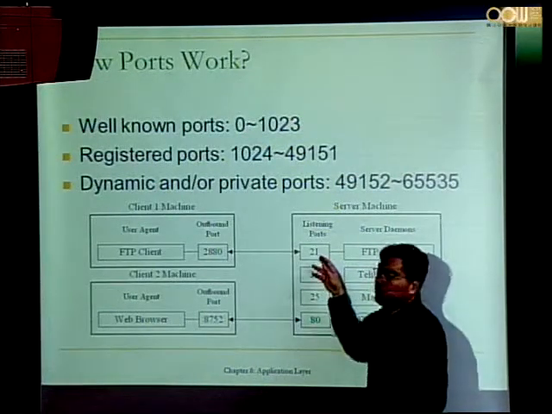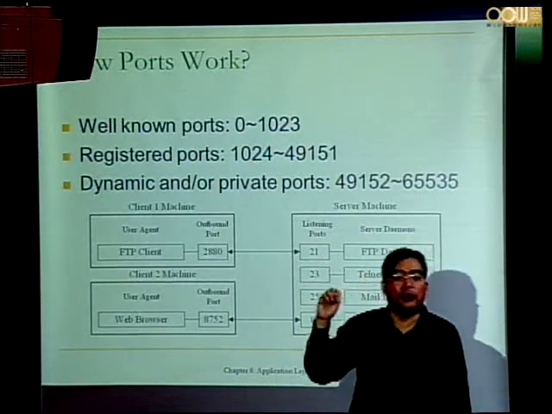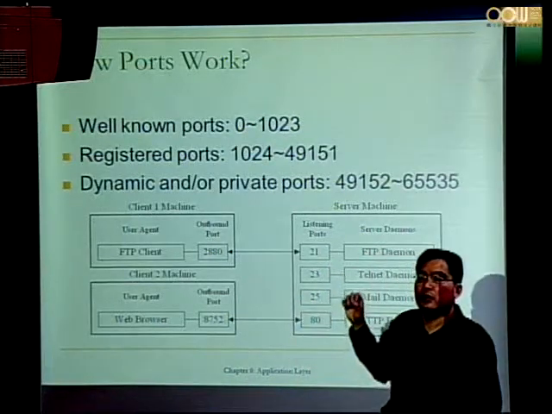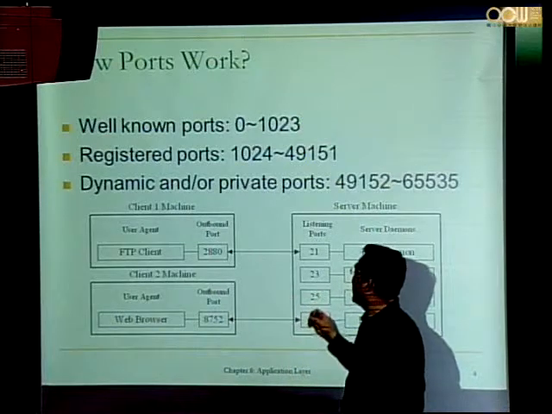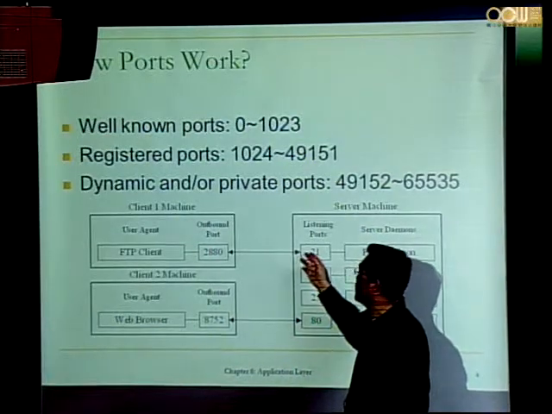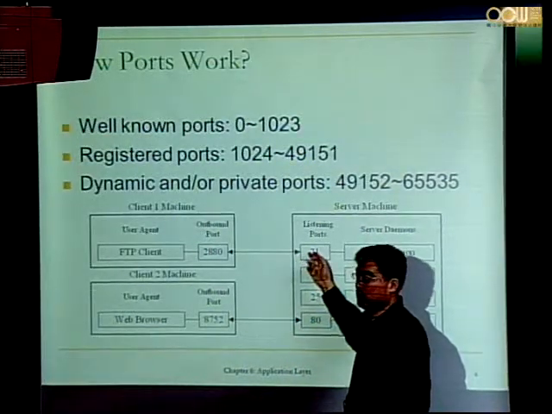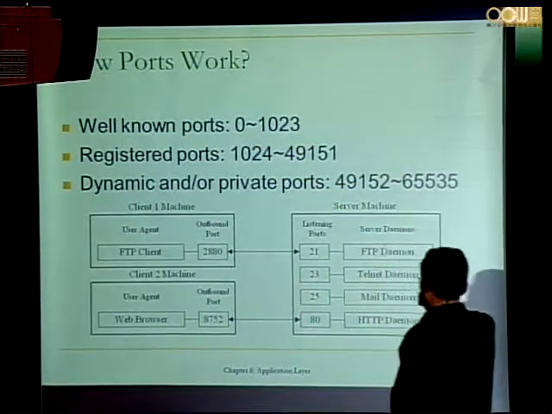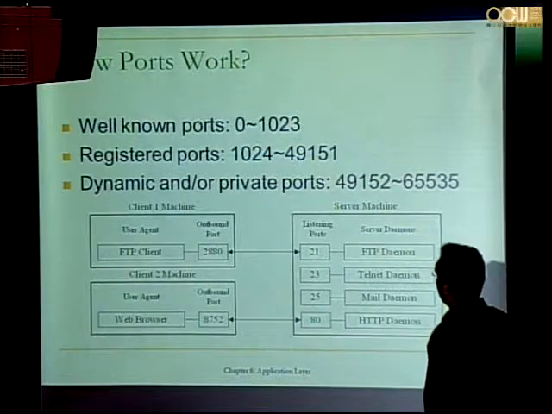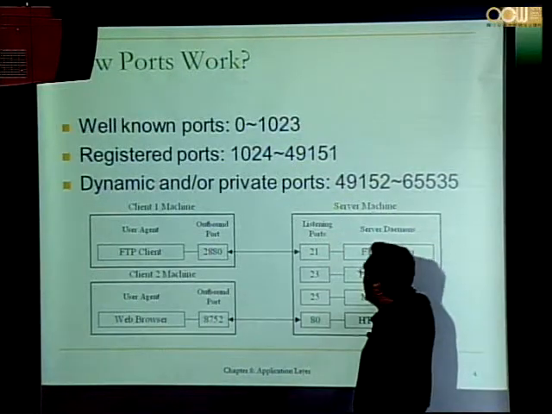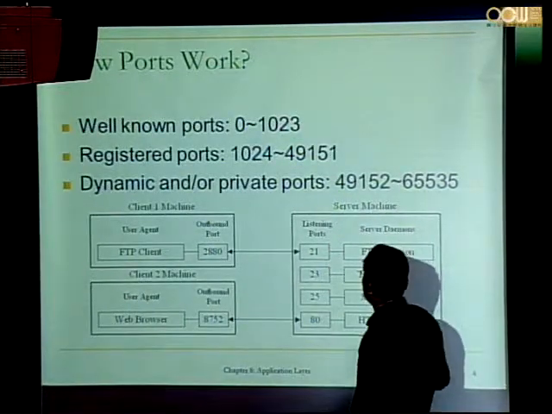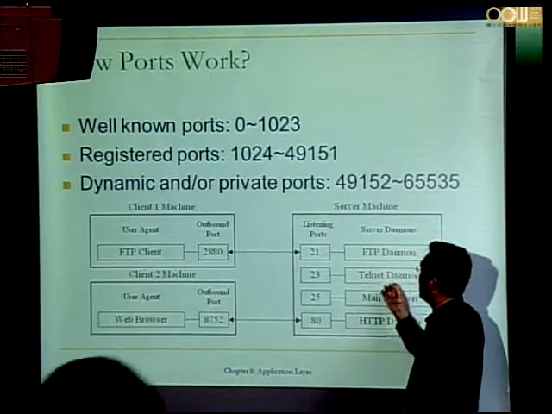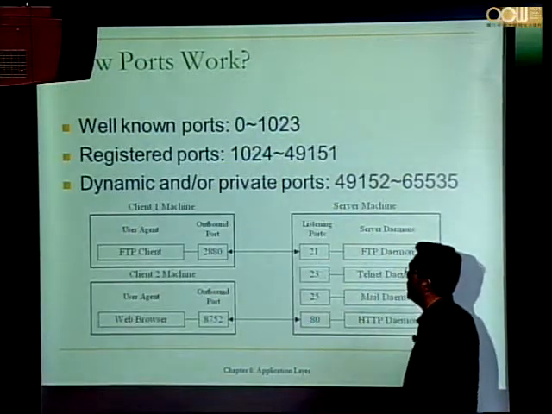So if there's a packet or segment coming in destined to this port number, then the segment is mine, and you would deliver the segment to me. This well-known port can only be used for particular services, and the server here needs to bind itself to this port number.